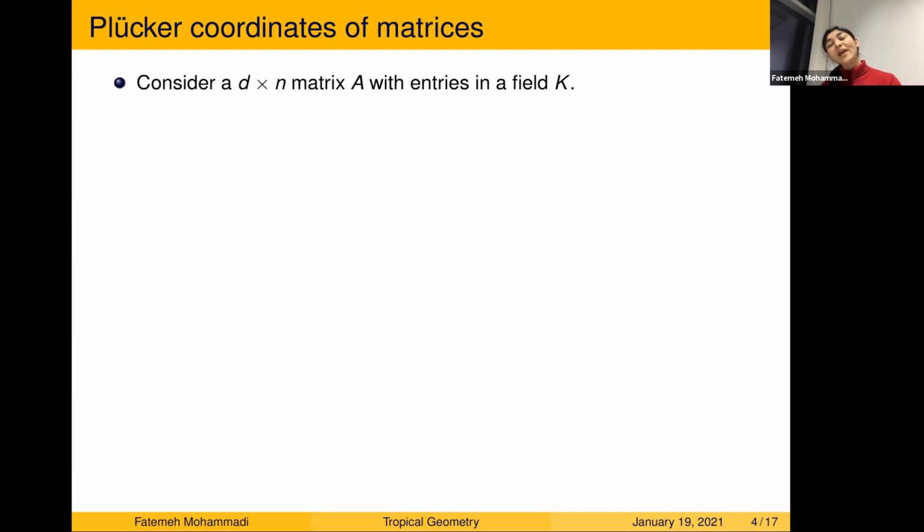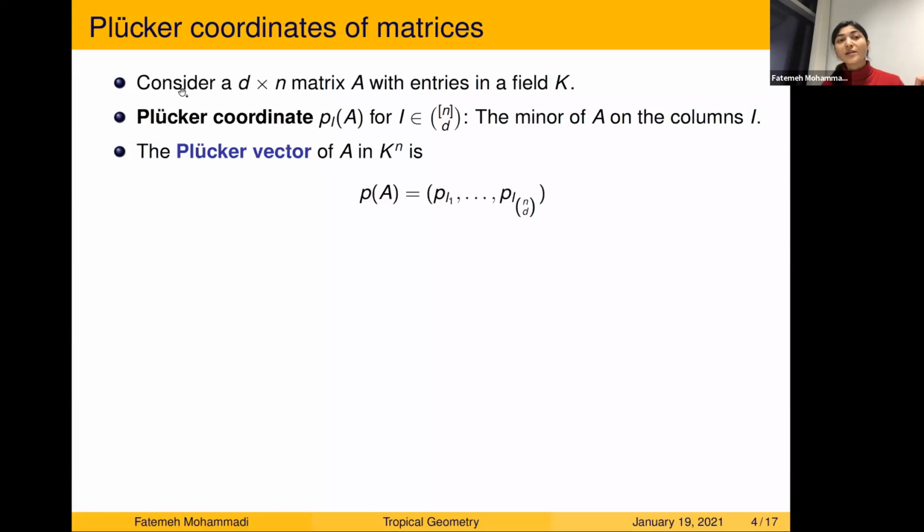Now I'm going to take every d-subset I of 1 to n and look at the corresponding d times d submatrix of A. I would compute the determinant of this submatrix, and I'm going to call this the Plūcker coordinate of A indexed by I.